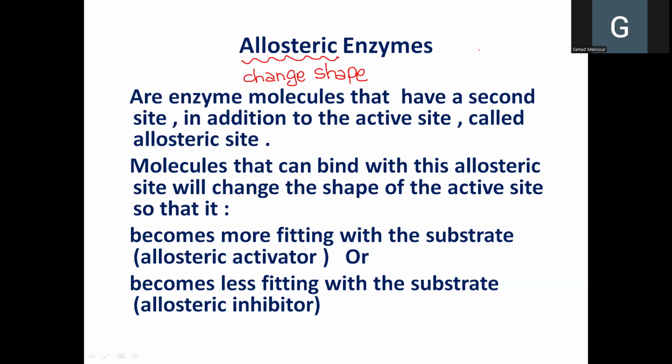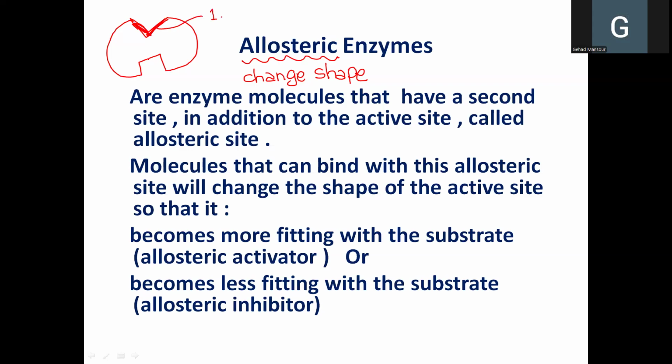They have the original active site, and in addition to this, they have another site on another part of the molecule. Suppose this is the active site that is supposed to bind with the substrate.